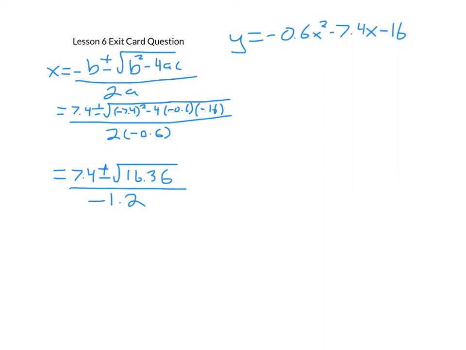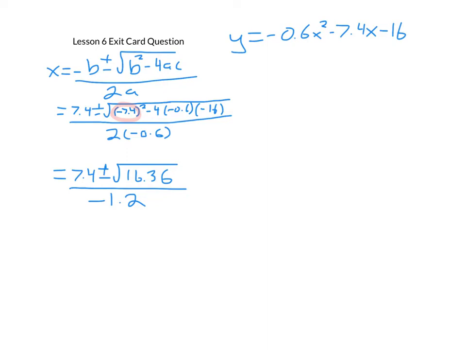And we can see that our first step would be to simplify underneath the root to get 16.4 0.36. Common errors in this stage that I'm seeing are people forgetting that when you square the b term, the entire thing is squared. So it's not like negative and then 7.4 gets squared, it's negative 7.4 that gets squared.